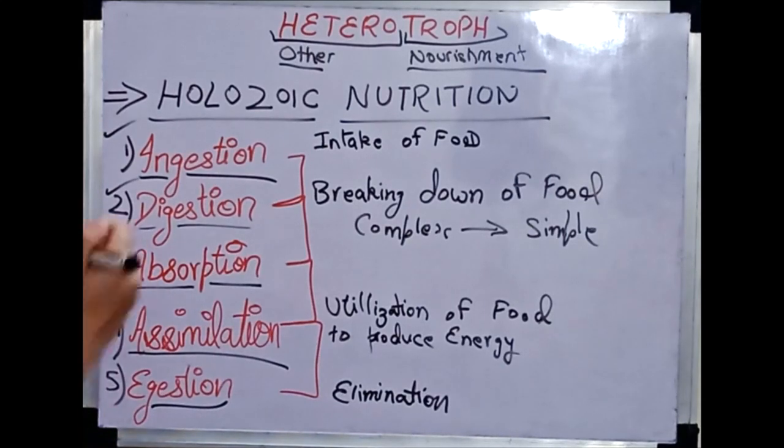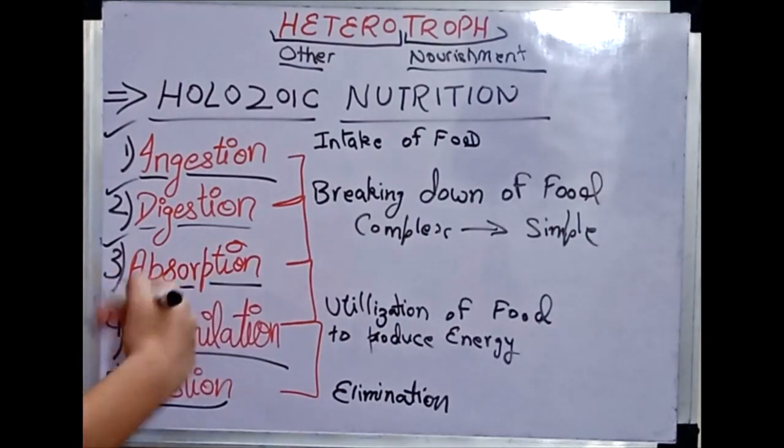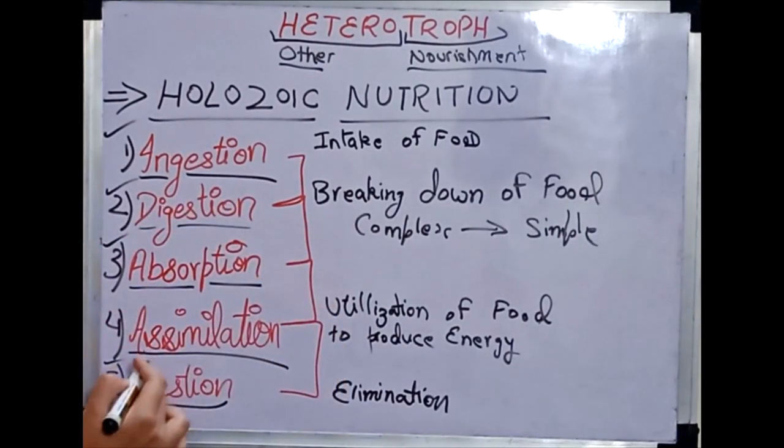Then the food is absorbed by your villi in the small intestine. I am talking about humans here. Assimilation is just the utilization of food, and egestion is as simple as elimination. Ingestion se start, egestion pe khatam. With this, we are done with this holozoic nutrition.